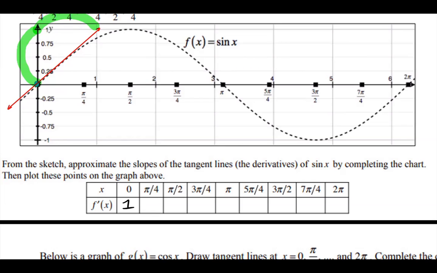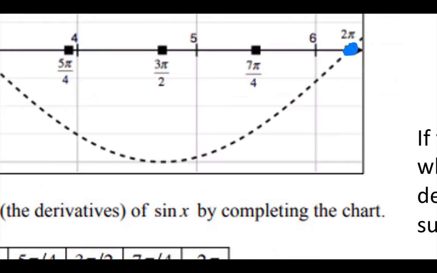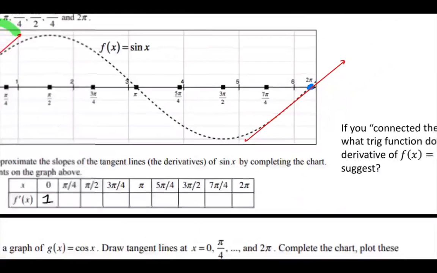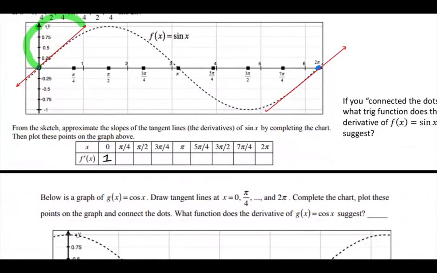Right at 2 pi, the slope of the tangent line is going to be parallel to that line we just drew. So at 2 pi, let's write another one.